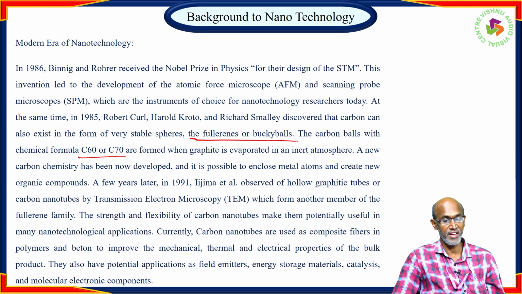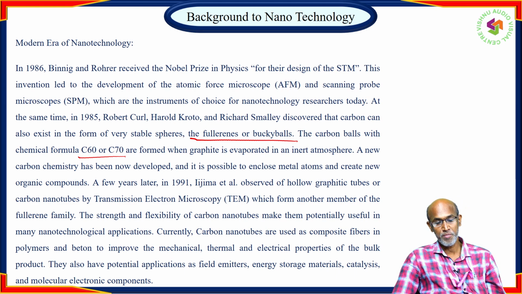A few years later, in 1991, Iijima et al. observed helical tubes or carbon nanotubes by TEM, that is transmission electron microscopy, which form another member of the fullerene family. The strength and flexibility of carbon nanotubes make them potentially useful for many nanotechnological applications.